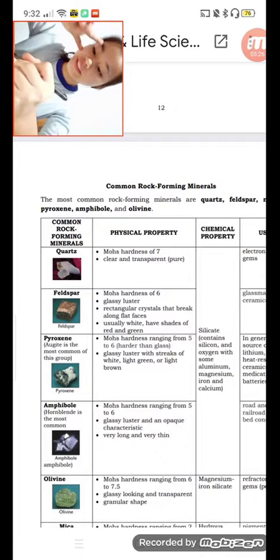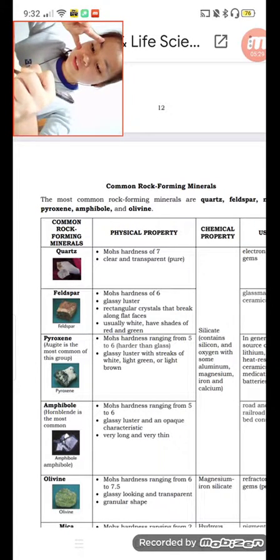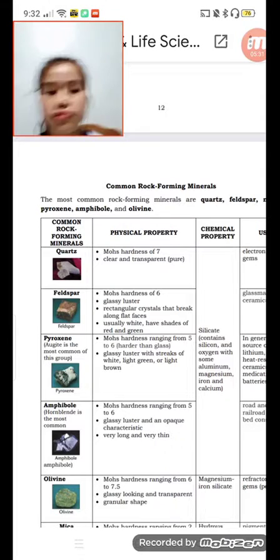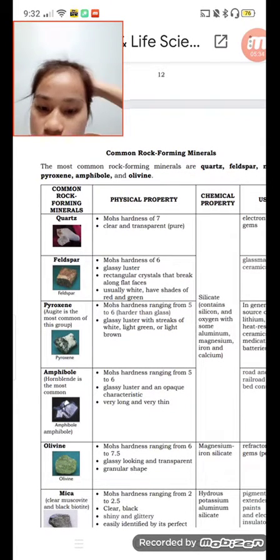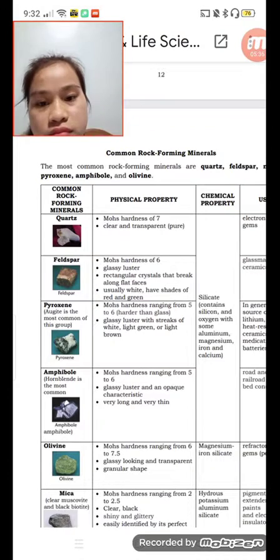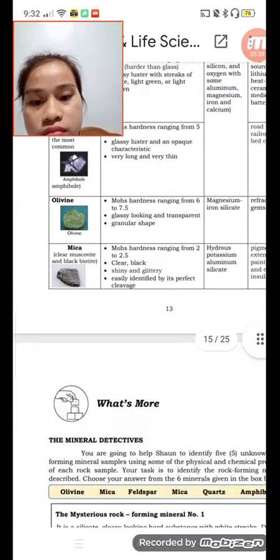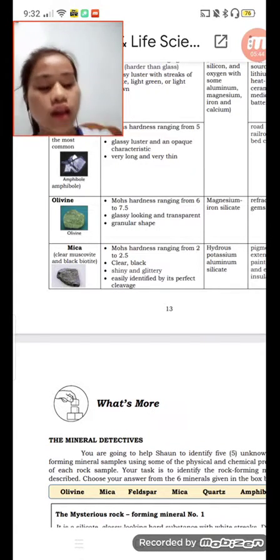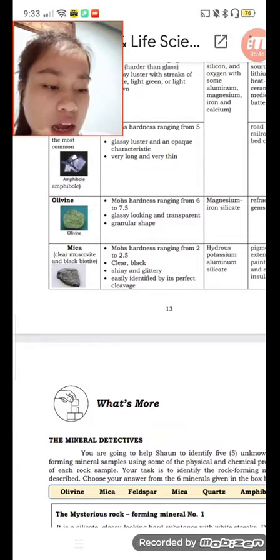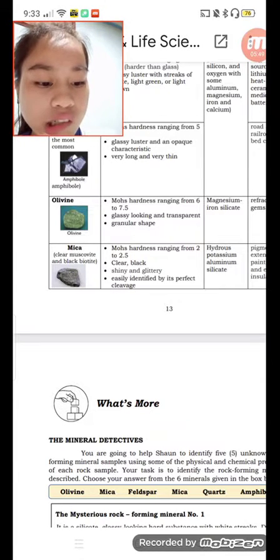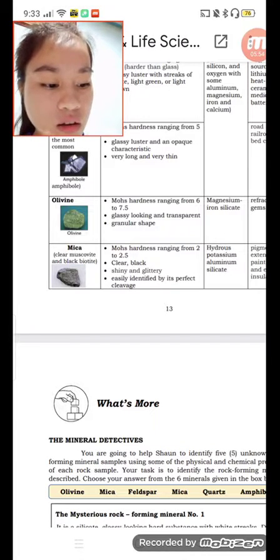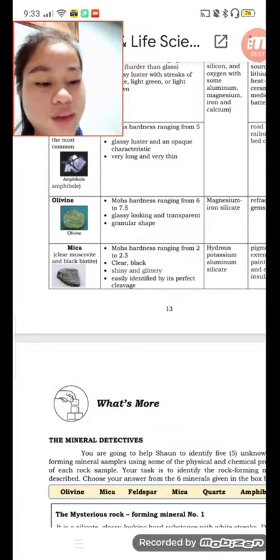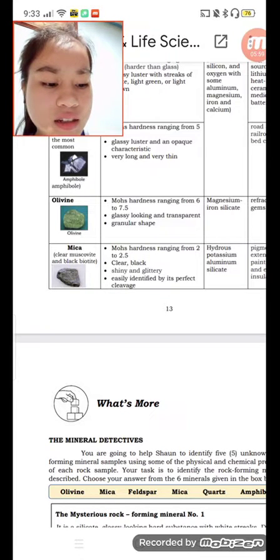Number two, I learned muscovite, sorry, and black biotite.